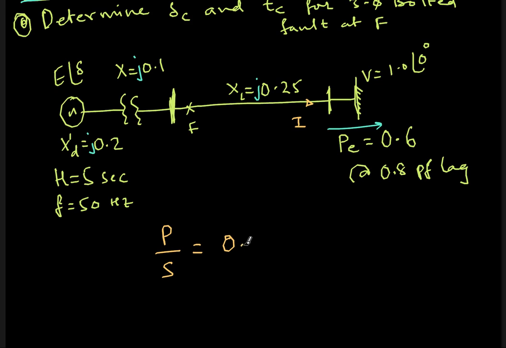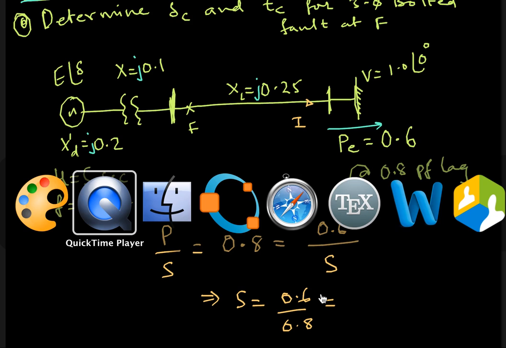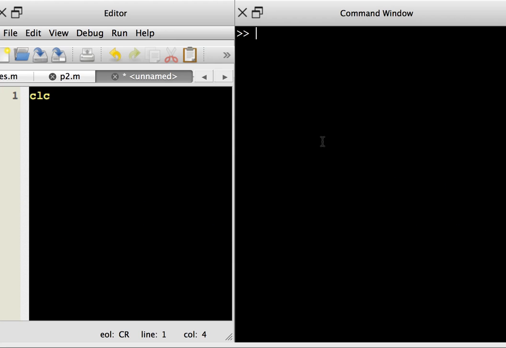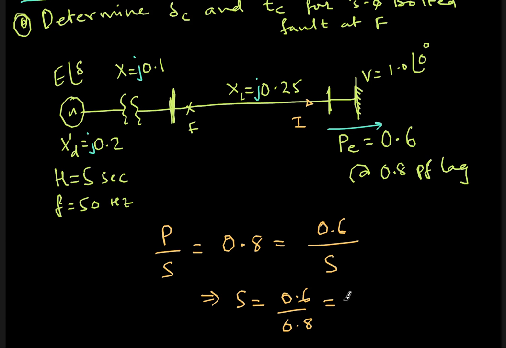This is 0.8, it is given to us, and here it is 0.6 by S. From this I can find S. So S is 0.6 by 0.8, so let me use my calculator for this. 0.6 divided by 0.8 is 0.75. So 0.75 per unit is the complex power.